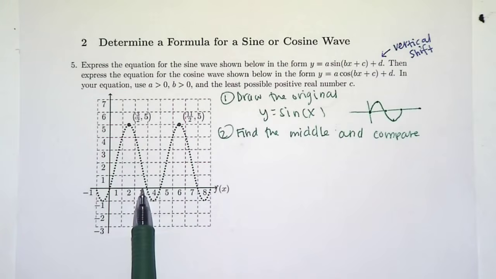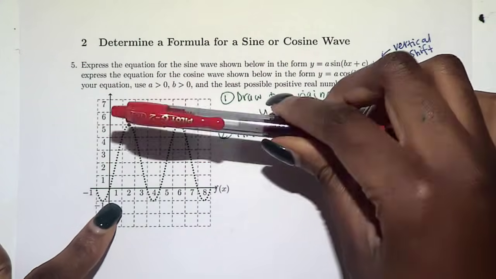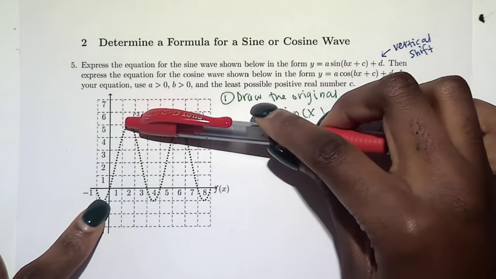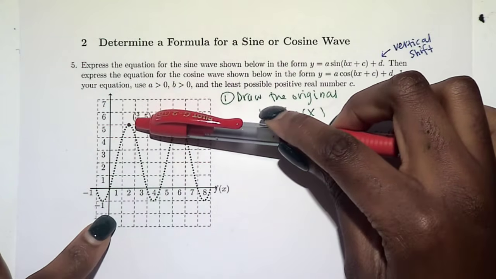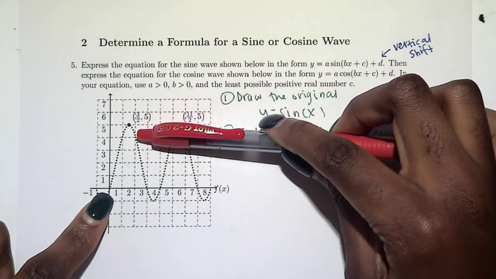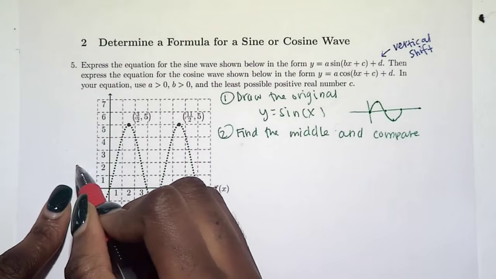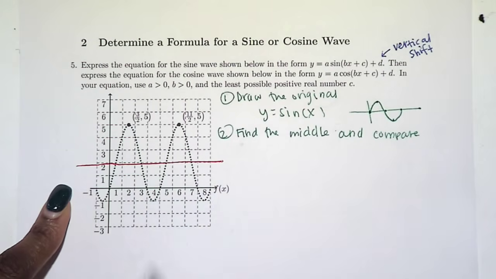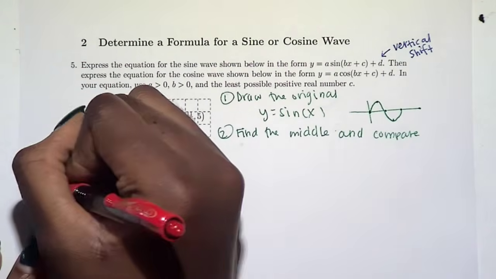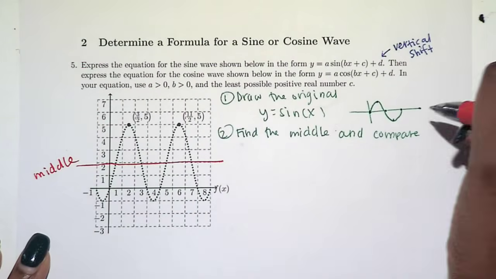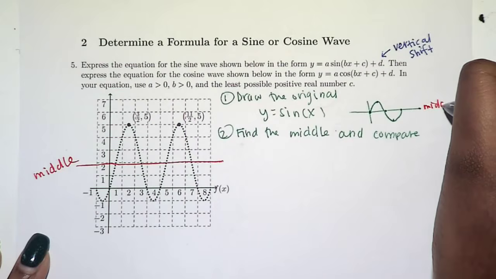So what we want to do is create kind of like a quote-unquote new x-axis. So what we want to do is find the middle, so you can just add these numbers and divide by 2, or you can kind of count, well, here's the top, here's the bottom, and kind of go in and match up to see. So it looks like the middle is happening at y equals 2. So we want to match this middle up with this middle over here.